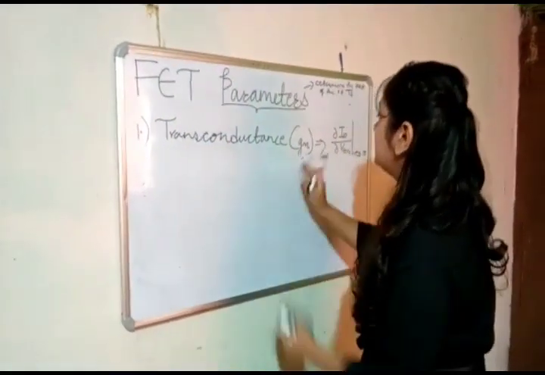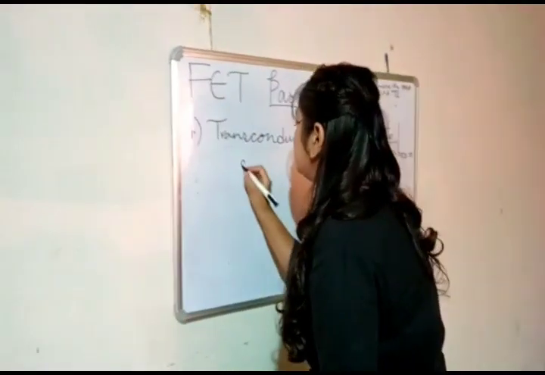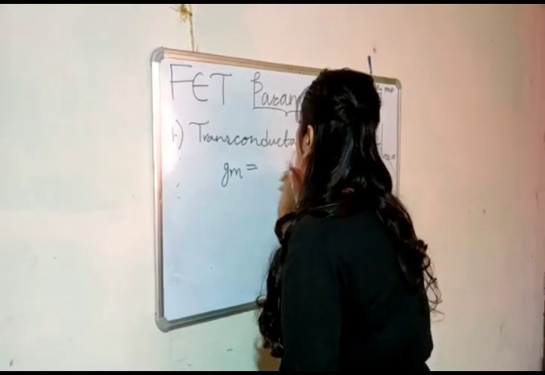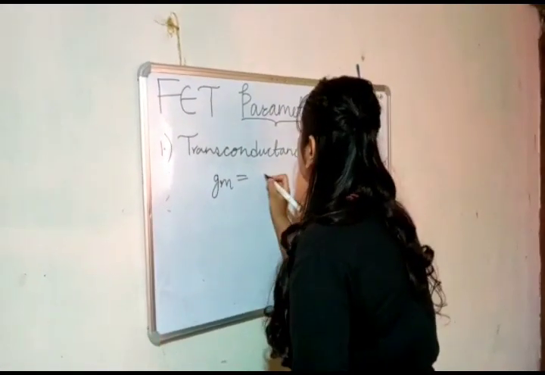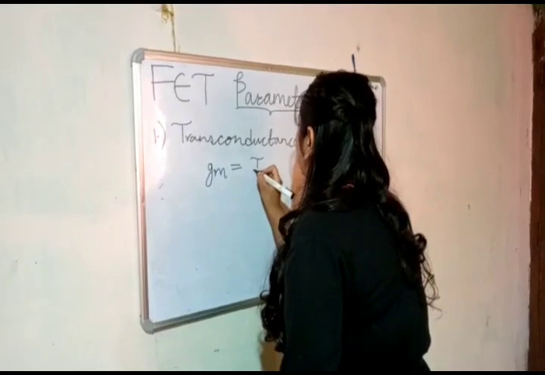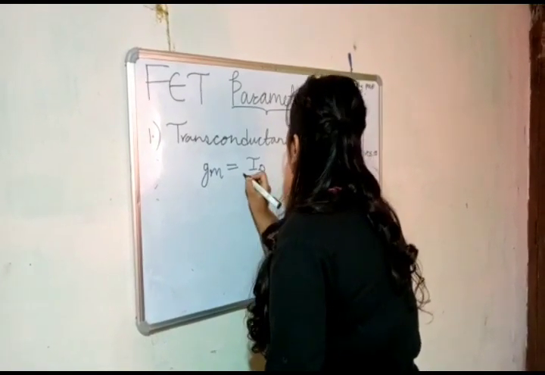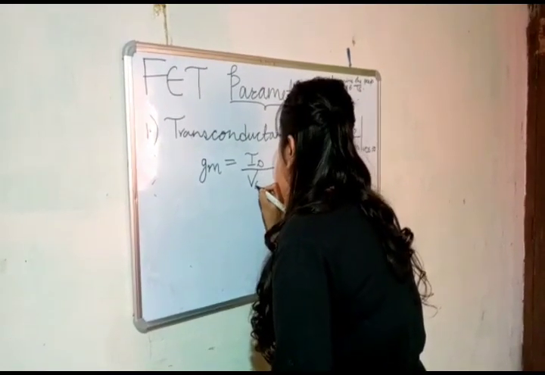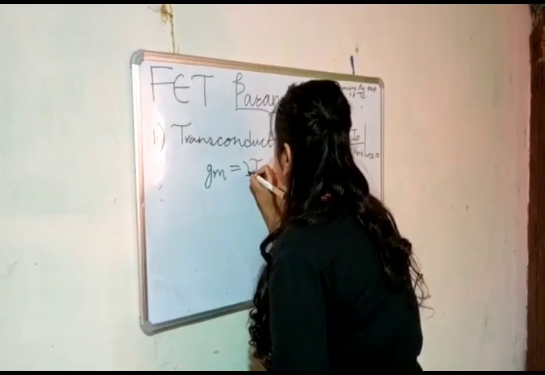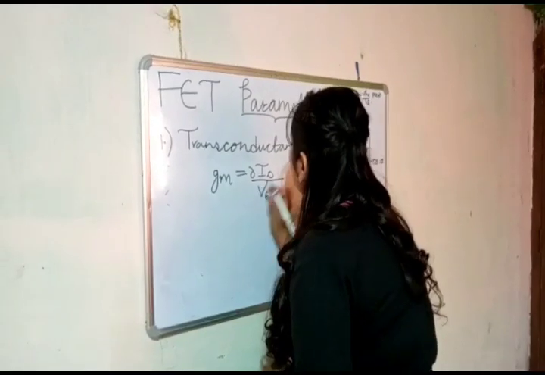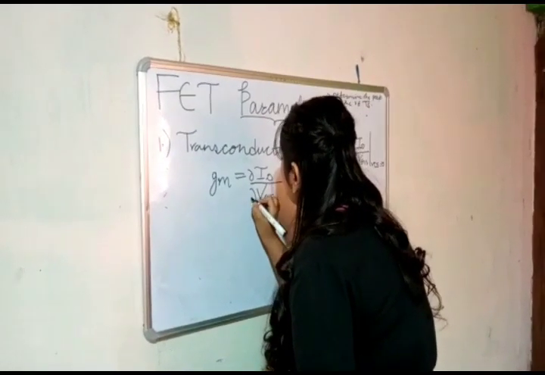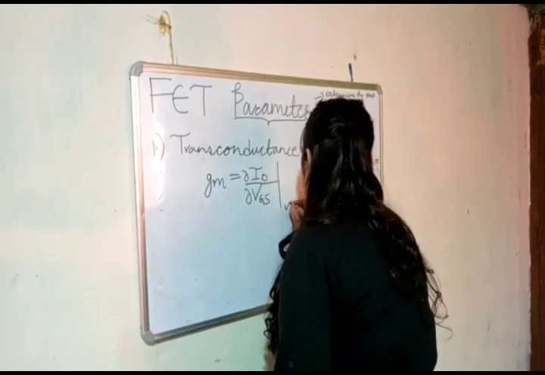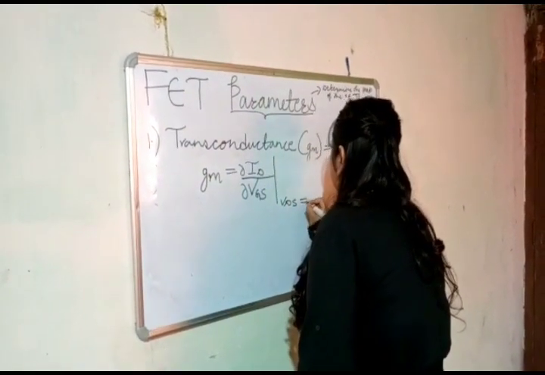Transconductance is denoted by Gm. It is the ratio of small change in drain current to the corresponding small change in gate to source voltage, keeping VDS constant.